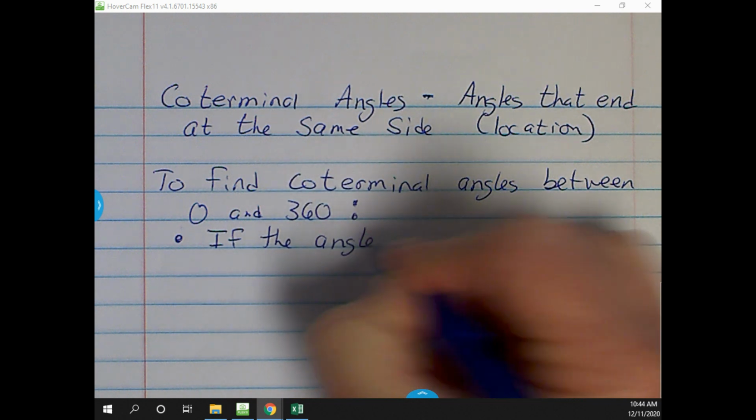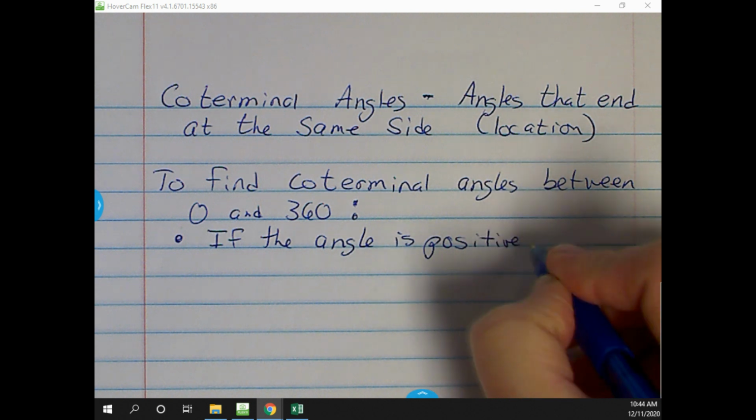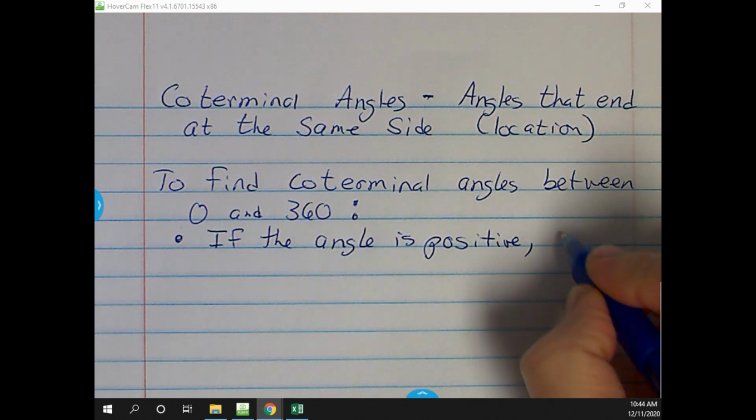If the angle is positive, you're going to subtract 360.